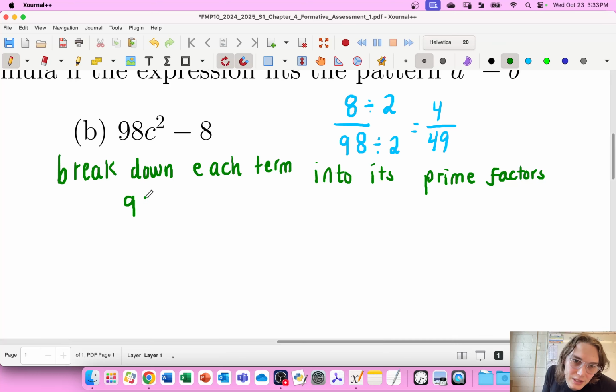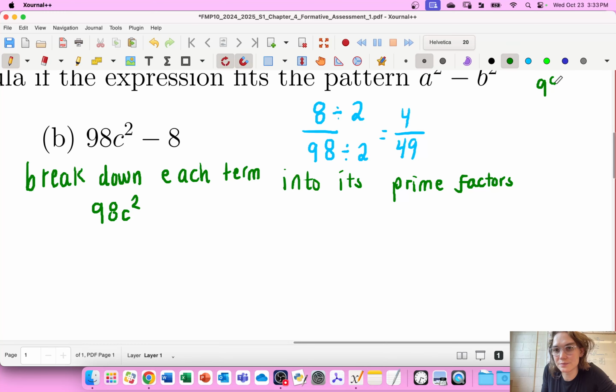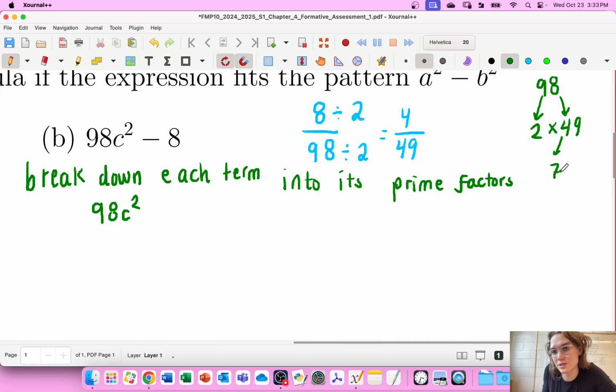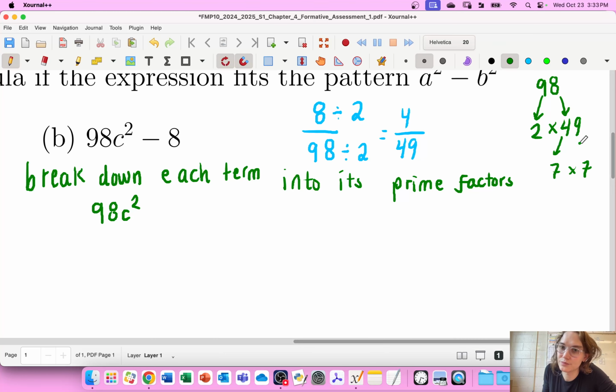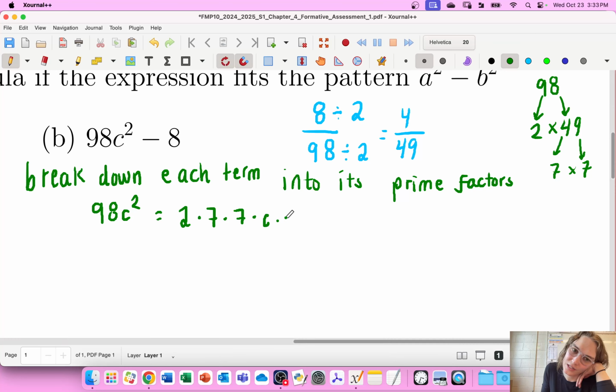So 98c squared. Well, 98 can be 2 times 49. 49 is 7 times 7. So that's going to be 2 times 7 times 7 times c times c.